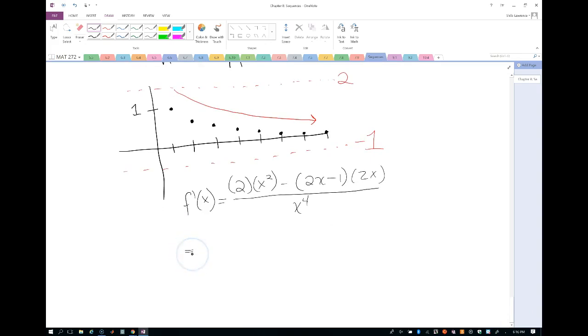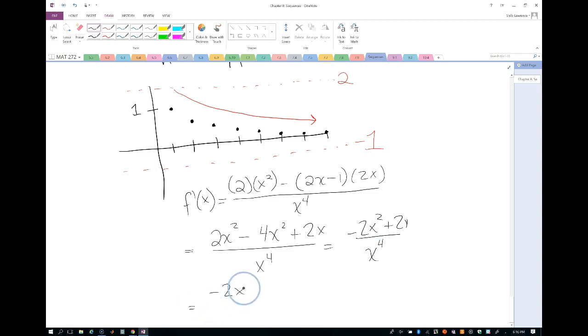And if we simplify this a little bit, I'm going to have 2x squared minus 4x squared plus 2x. So negative 2x squared plus 2x over x to the 4th. We can simplify a little bit further because everything has an x in it.